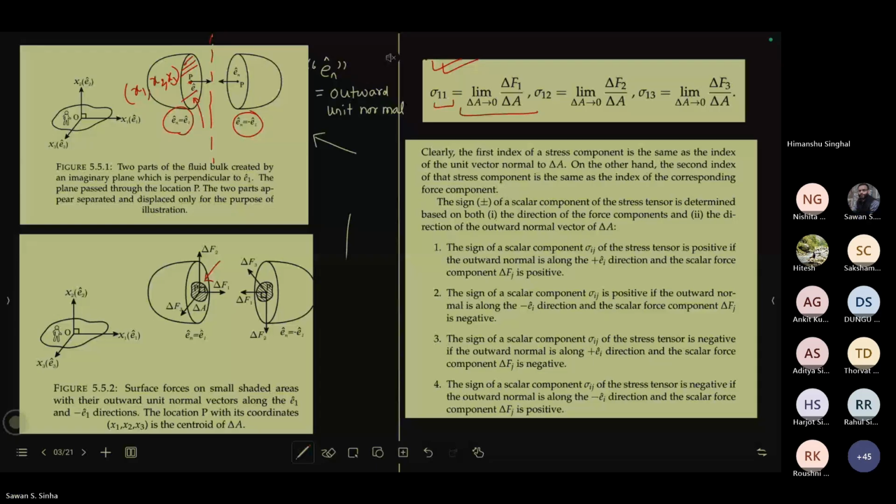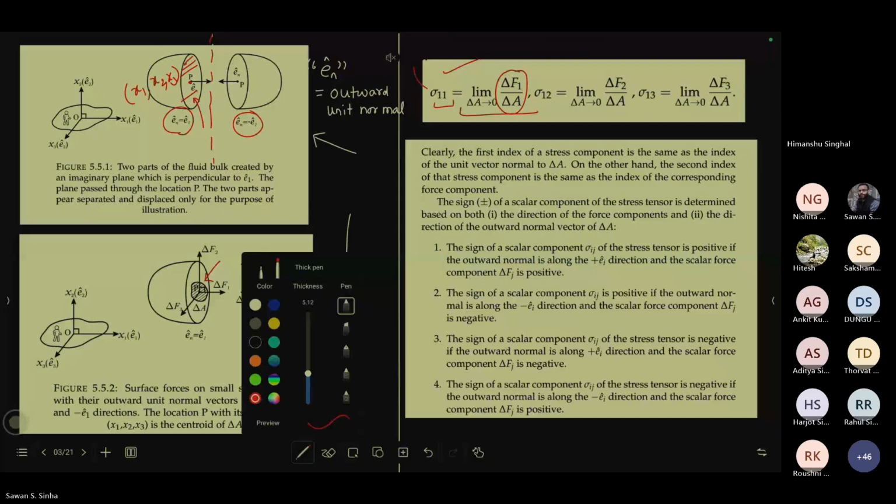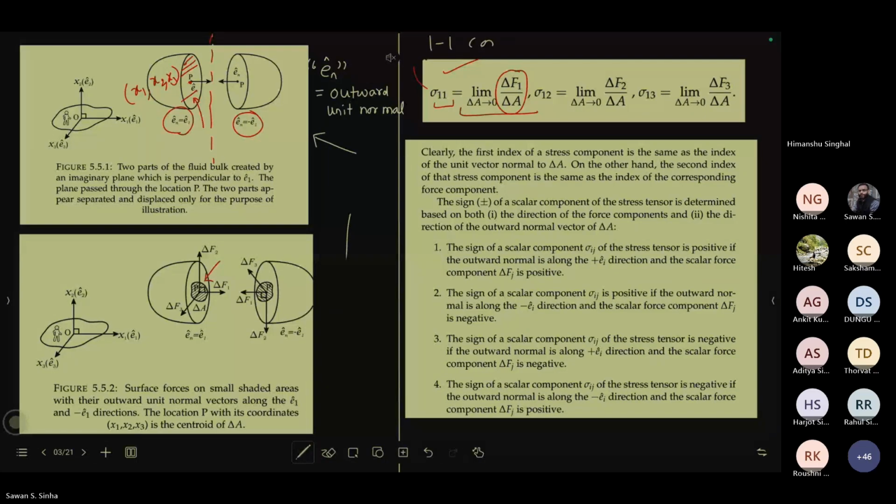Then delta F1 by delta A is what we call the 1 component of the stress tensor at P.